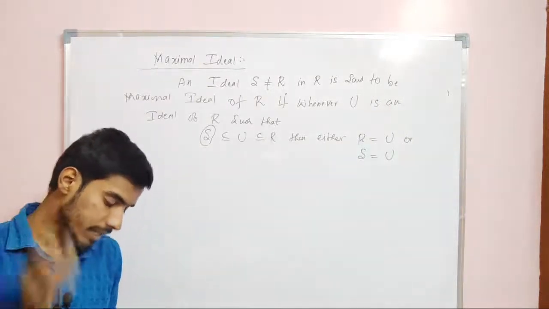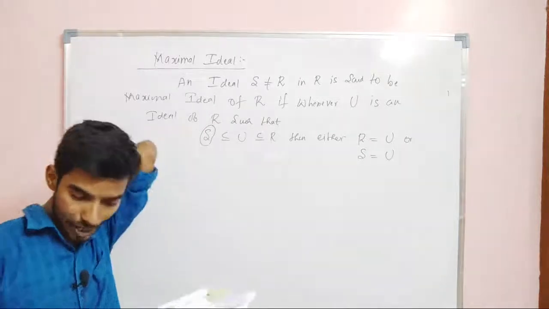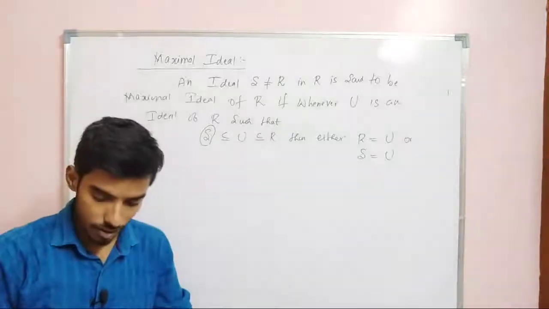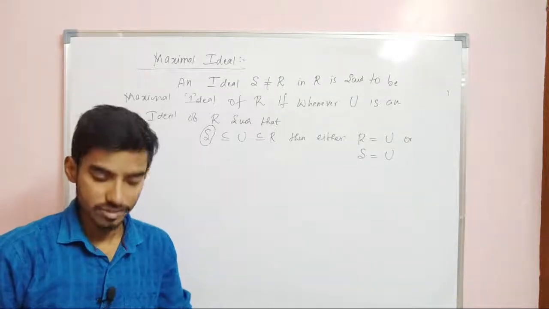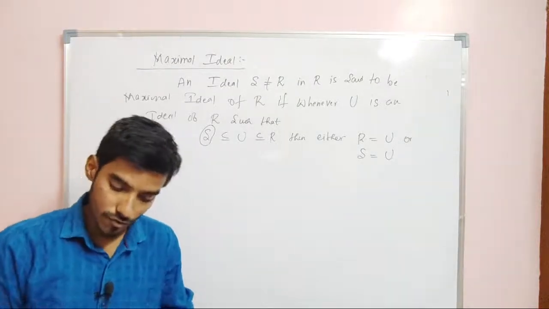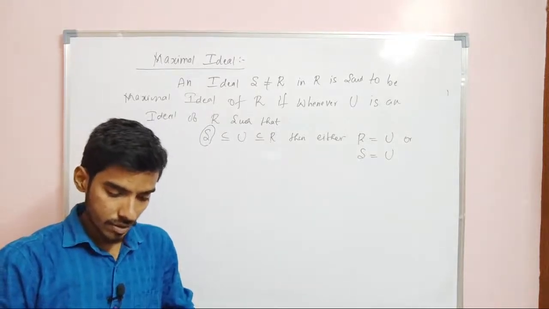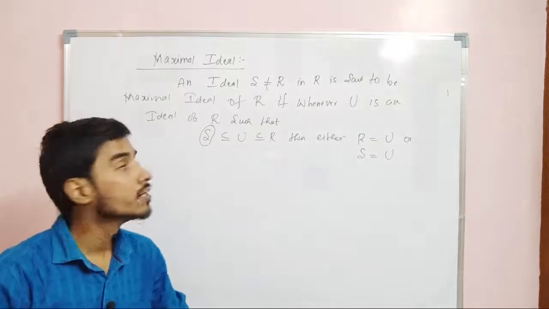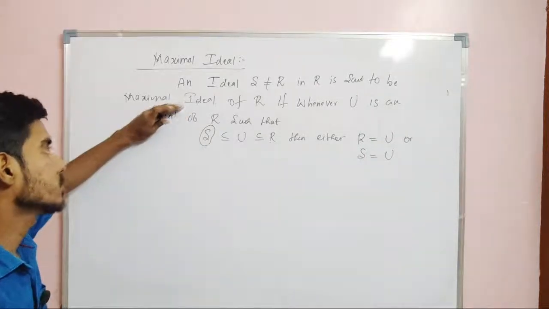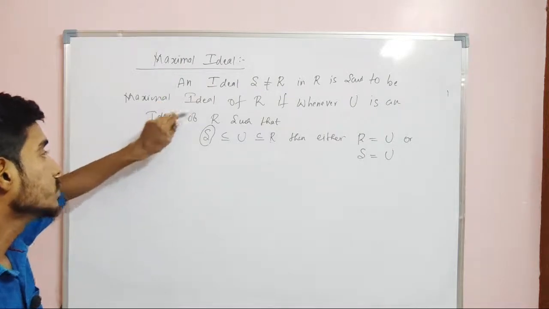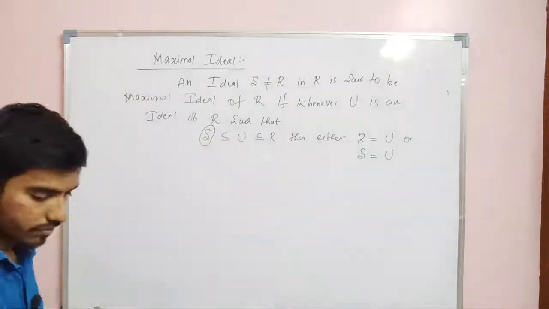In other words, an ideal S of a ring R is said to be a maximal ideal if there exists no ideal properly contained in R which itself properly contains S. It is impossible to find an ideal which lies between S and the full ring R, right?